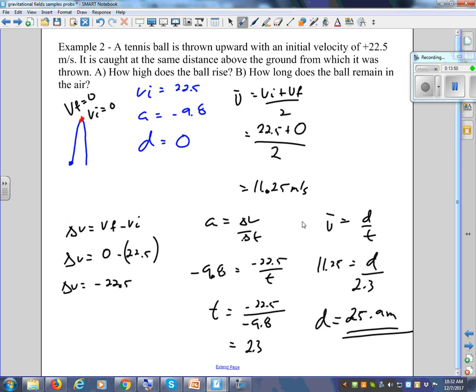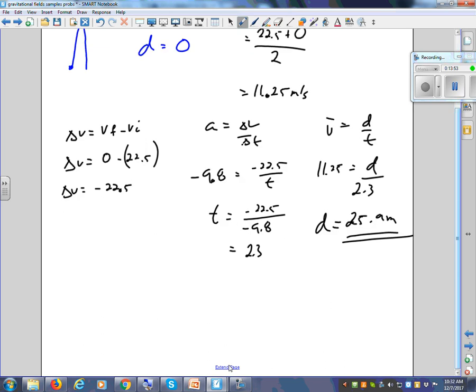How long does the ball remain in the air? Well, if it's 2.3 seconds up, is it 2.3 seconds down? No? Colby, why not? So what you're saying is, I throw it up in the air, and it slows down on the way up and speeds up on the way down, but is the time up the same?